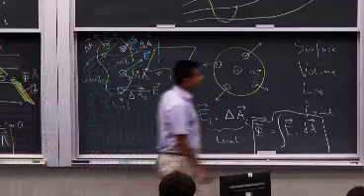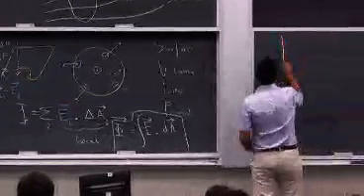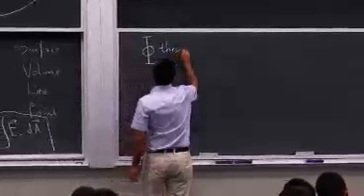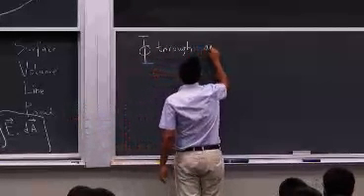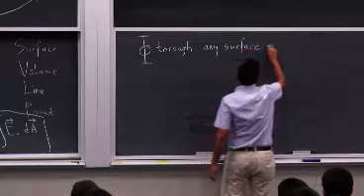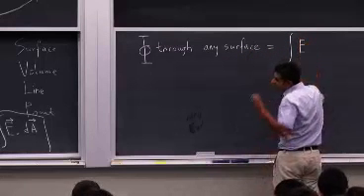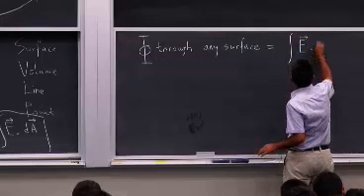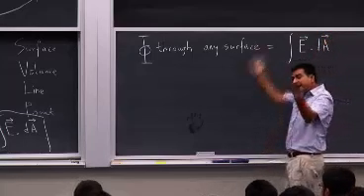So let me write this down again because it's such an important formula that we've come up with. Flux through any surface, be it open or closed, it doesn't matter, is simply the integral of the electric field at each point, a vector, dotted with dA, and then you integrate over the entire area.